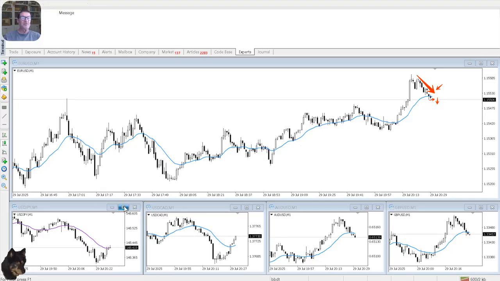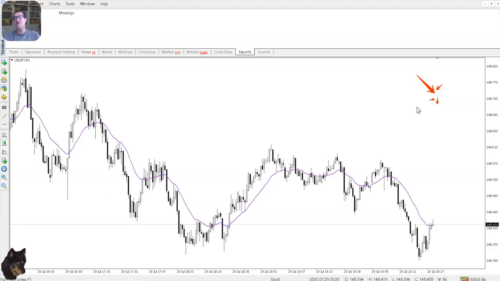I'll open up this one for now, which is the Japanese yen, and you see the exact same thing in play right here. It made an effort to go above. All of them are configured, by the way, with a 21 EMA based on closed price. So again, same thing. Price right here went at the 21 SMA.